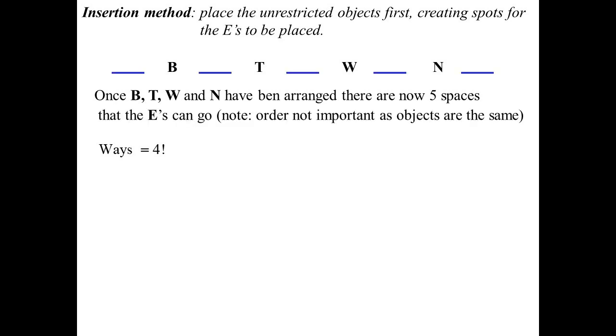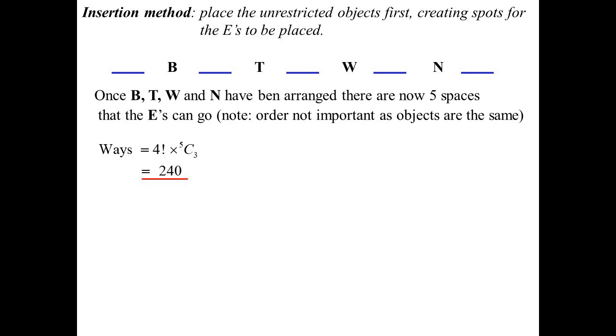There are 5 spaces. But because the E's have to be separated, I can only put an E in one of those slots. I can't put 2 E's in the one slot. So now I just have to choose, so it becomes a combination, choose which of those slots I'm going to use. So of those 5 slots, I'm going to choose 3 of them.